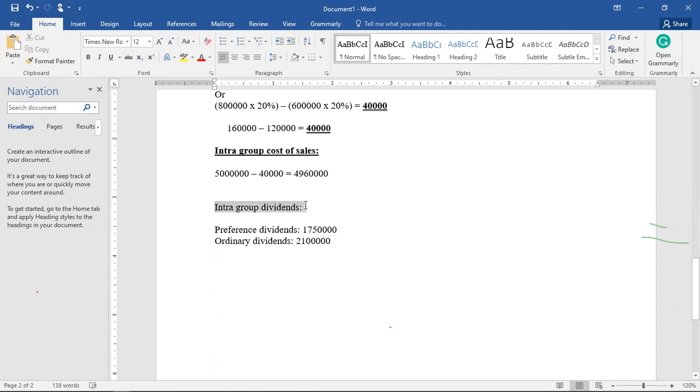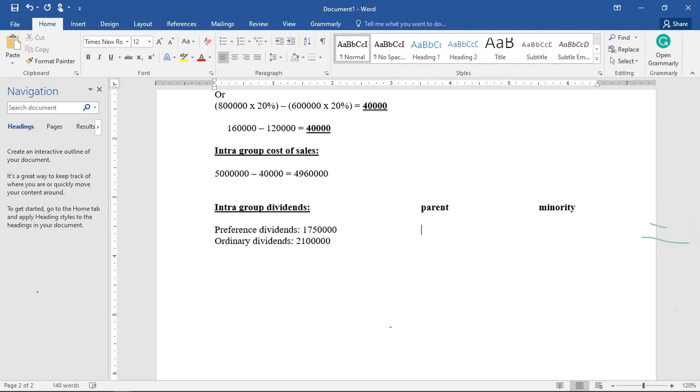Now, we said in this dividend, 80, so for parents, let me do it this way so that you get the understanding very well. So parents, minority.